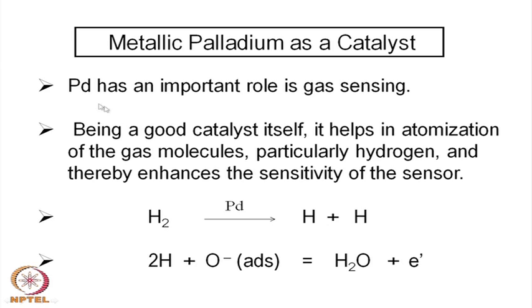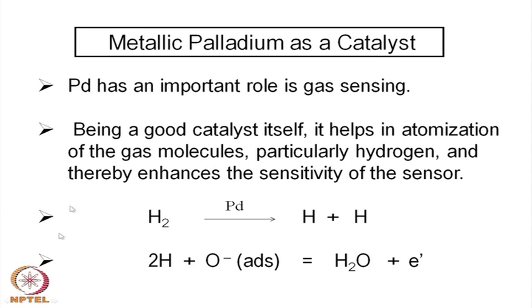In that context, palladium has a very important role in gas sensing. The surfaces of the oxides are basically loaded with some amount of palladium. Palladium, as you know, can adsorb hydrogen, and it can also atomize hydrogen quite effectively.